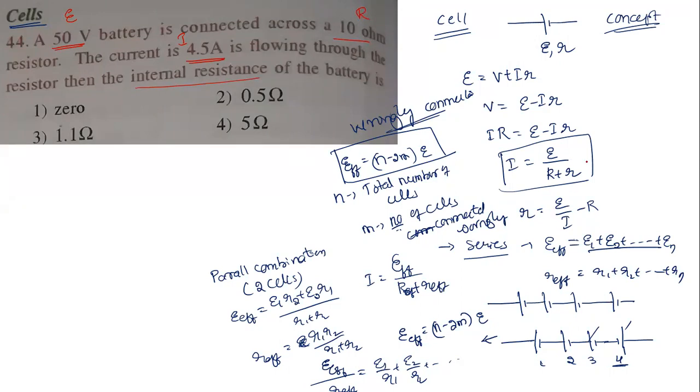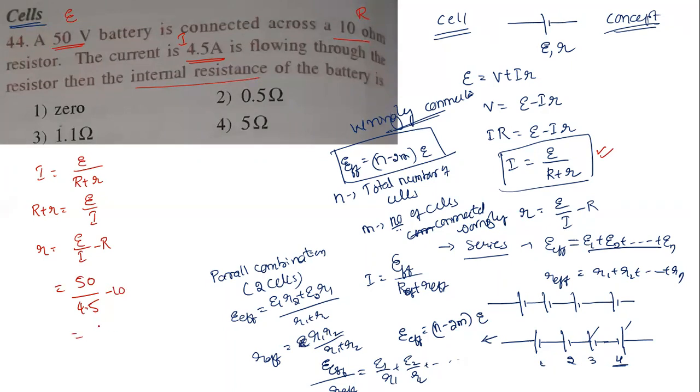I'm going to use this equation directly. I equals E divided by (R plus r). Then R plus r equals E by I. To find internal resistance, r equals E by I minus R. E is 50, current is 4.5, minus external resistance 10 ohm.